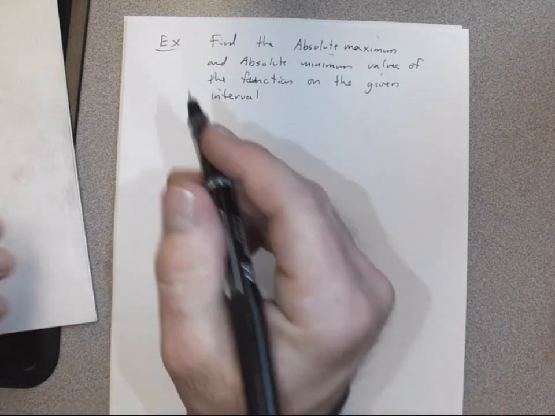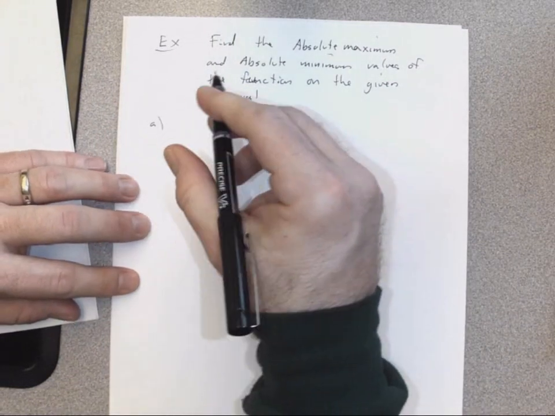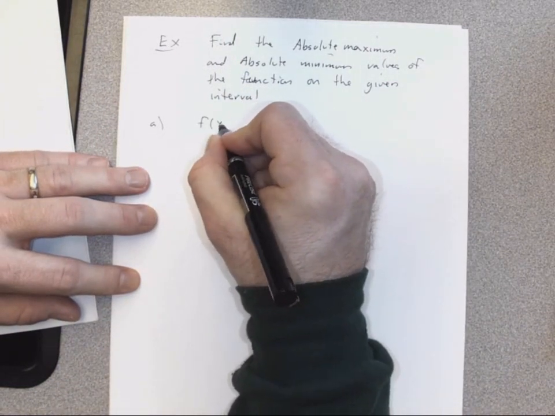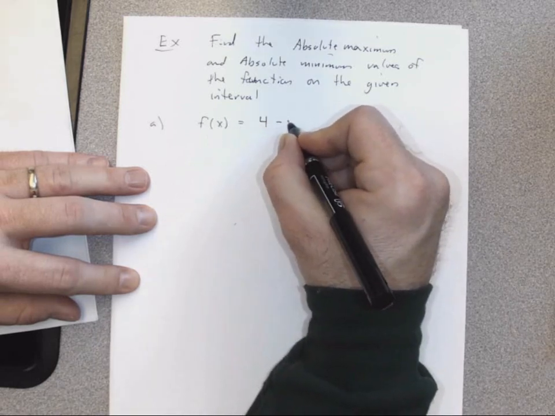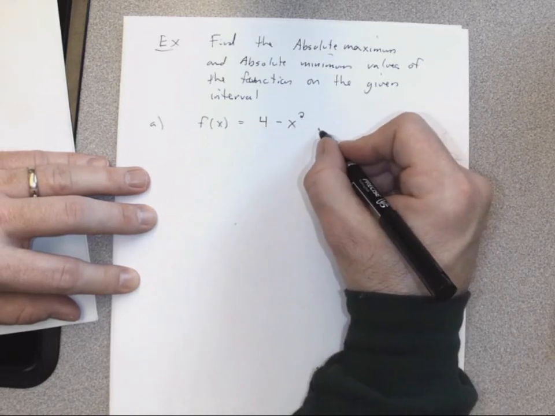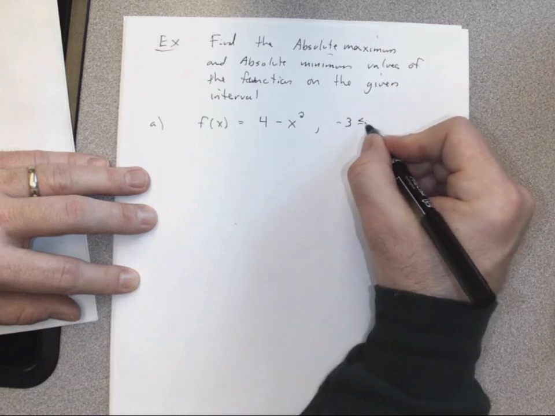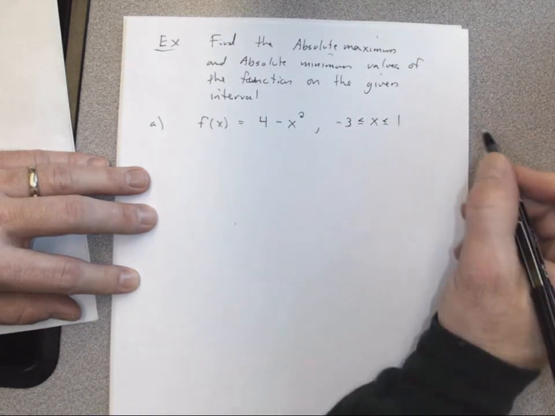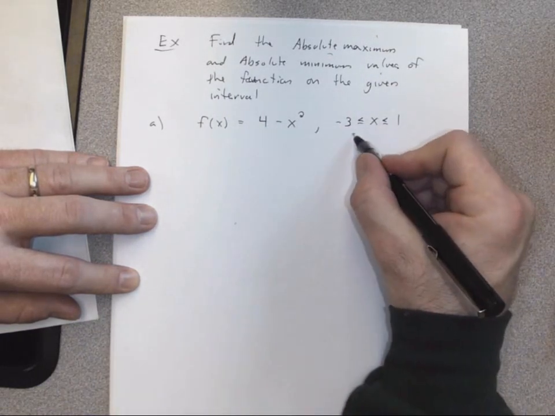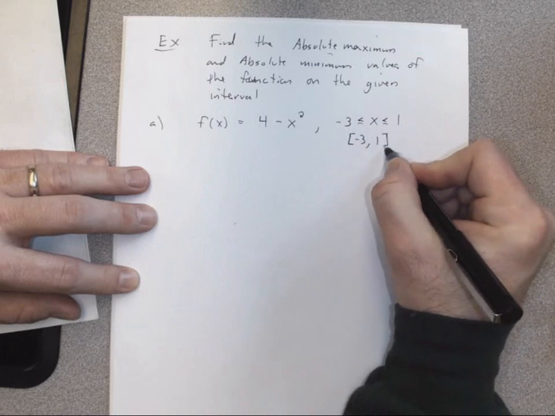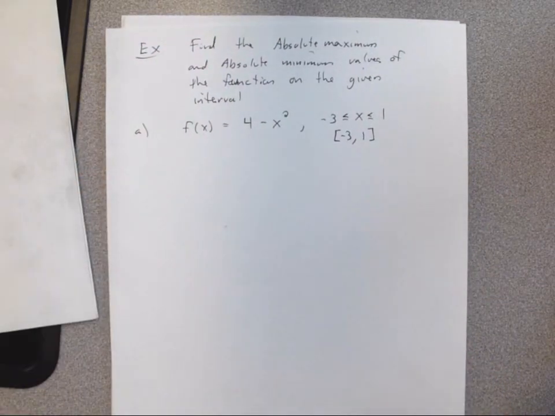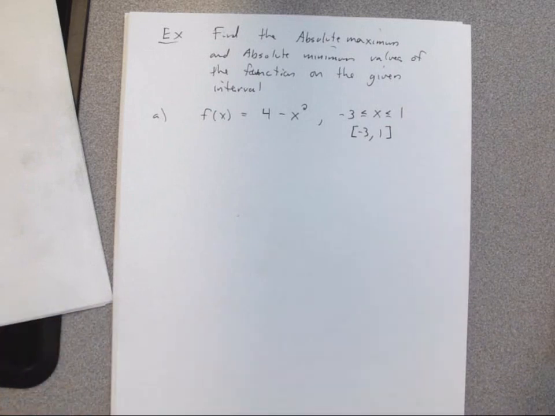Okay, so we're going to go through the test that we did here. Our very first one, f of x is going to be 4 minus x squared, and our interval is minus 3 less than or equal to x less than or equal to 1. Now sometimes they give it to you that way, and sometimes they write it this way. They both mean the same thing. So that's our function, that's our closed interval.